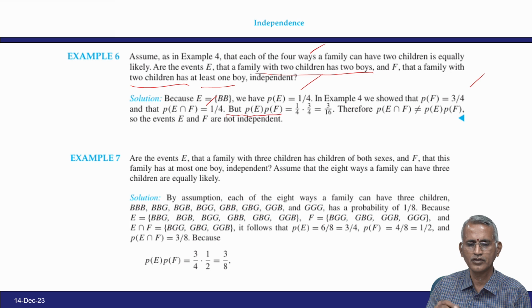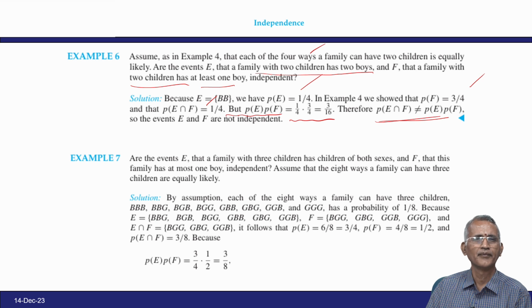Therefore, probability of E times probability of F equals 1 by 4 times 3 by 4 equals 3 by 16. Probability of E intersection F is 1 by 4 and probability of E times probability of F is 3 by 16. Since they are not equal to one another, E and F are not independent.